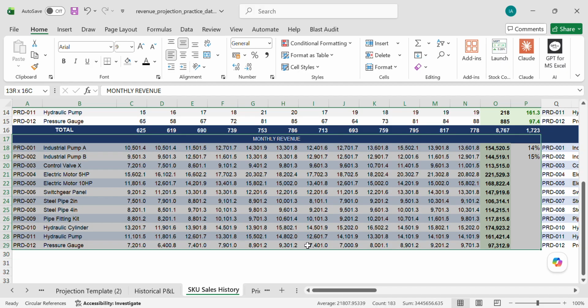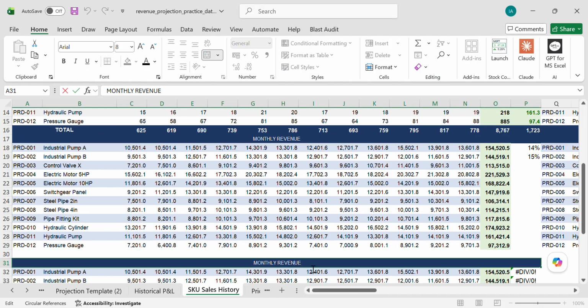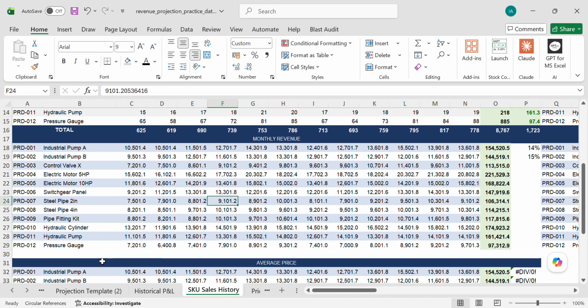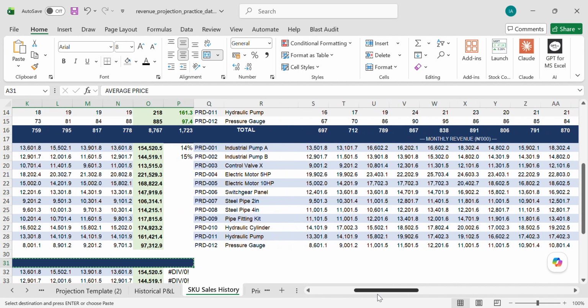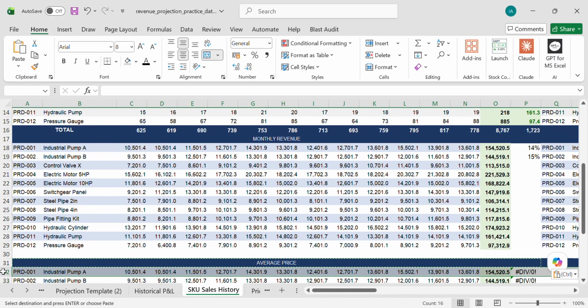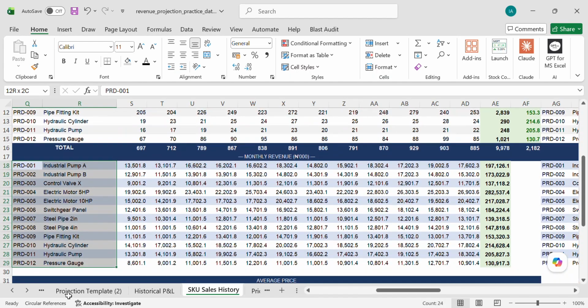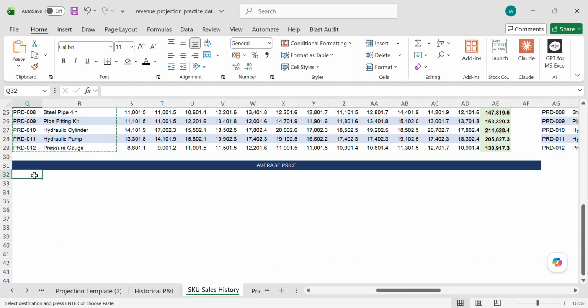So this will be our monthly average price. Let's see the average price historically for each of these periods. So let's bring this one down here and put it here.